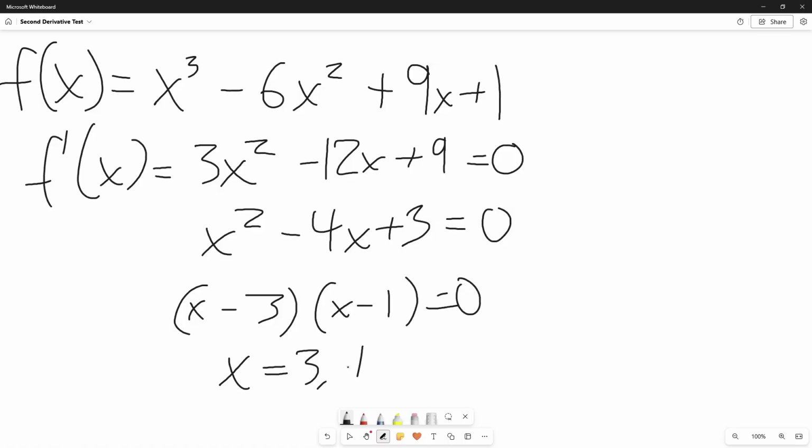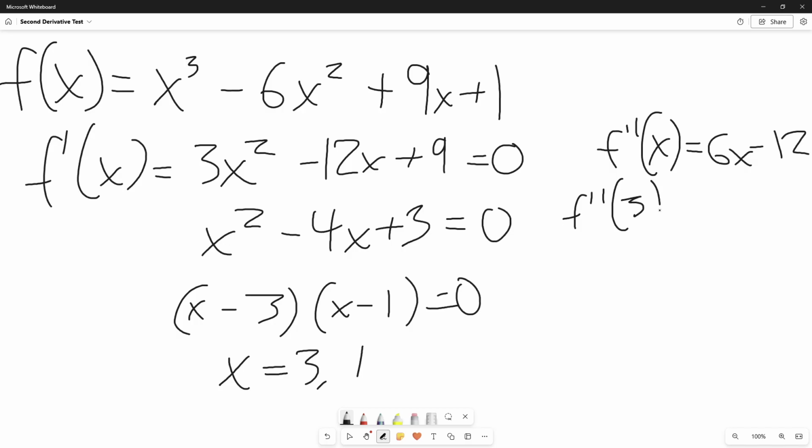And then now, instead of drawing a sign diagram for this, we're going to find the second derivative. So f double prime of x is equal to 6x minus 12. And we just plug in the 3 and 1. For f double prime of 3, we get 6 times 3, 18, minus 12 is 6, which is more than 0, which means that at 3 it is a minimum.